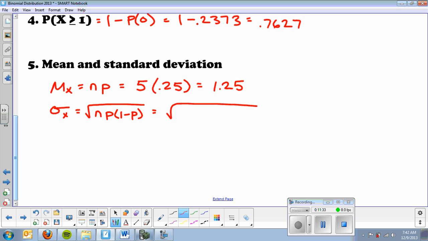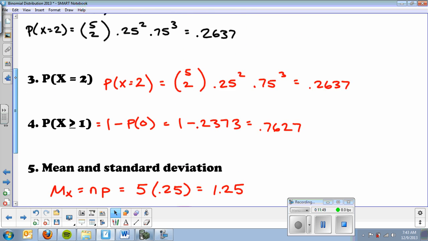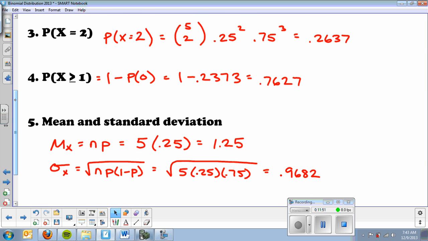So that's the square root of 5 times 0.25 times 0.75, and I get 0.9682. Okay, so there is pretty much binomial distribution in a nutshell, and that's it.